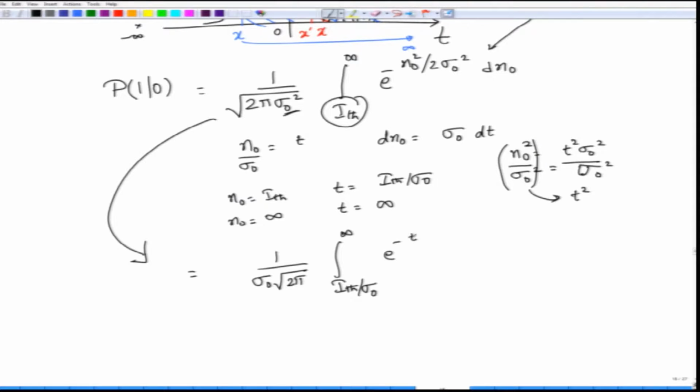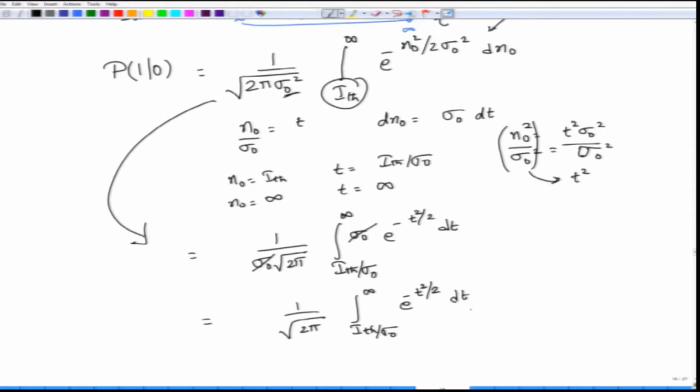So this becomes e power minus t square by 2, and then dn0 is nothing but dt sigma 0. But this sigma 0 being a constant cancels out after coming out of the integral, cancels out with the sigma 0 that is there in the denominator, and what you get now is 1 by root 2 pi. The lower limit of the integral is I th by sigma 0 going all the way to infinity, and then you have e power minus t square by 2 dt.